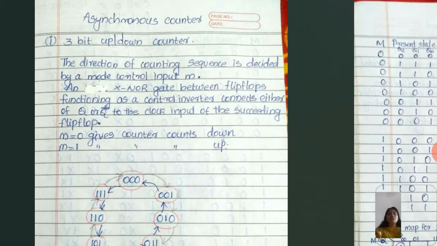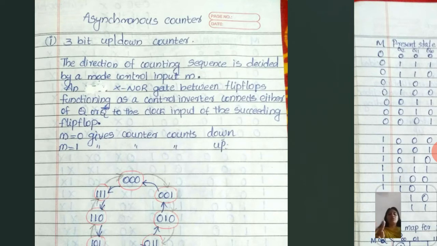Counting down means the counter will start from 000 and move to 111. If you are counting in a down manner, that is m equals 0, then you will move from 000 to 111, then continue until reaching 000 again.